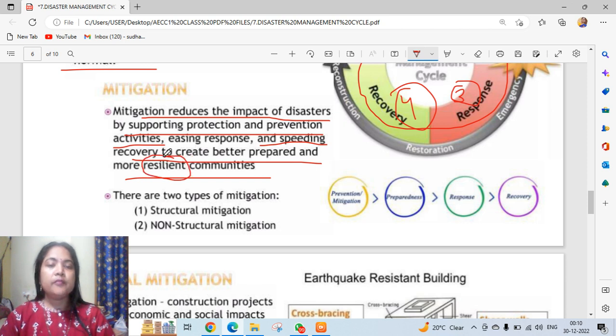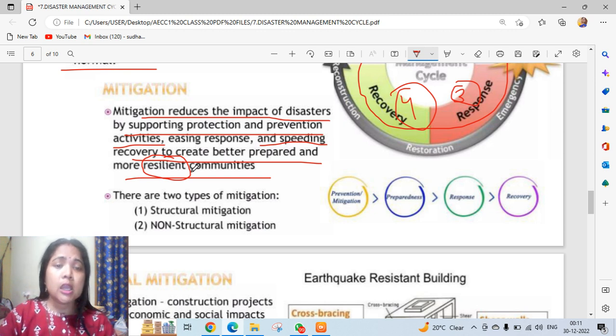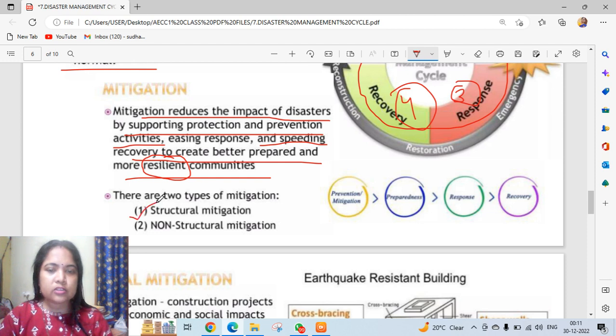Resilient means suppose you have lost your property, how you will come back to your own position, means you will get back your property, means government will assist here. So there are two types of mitigation. One is structural mitigation, another is non-structural mitigation.